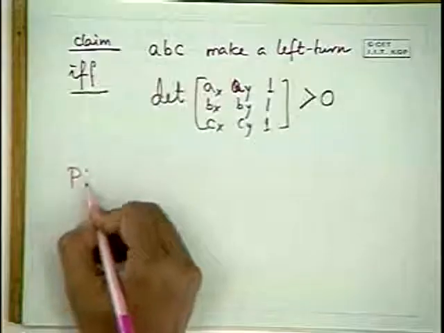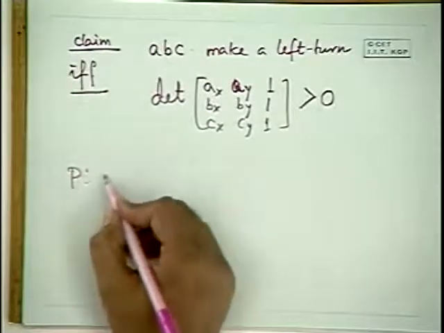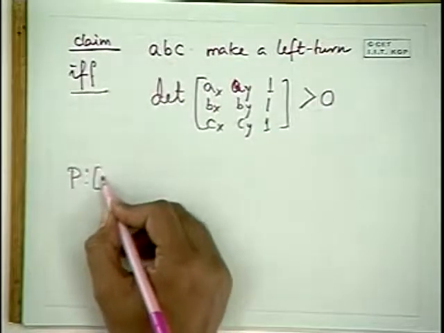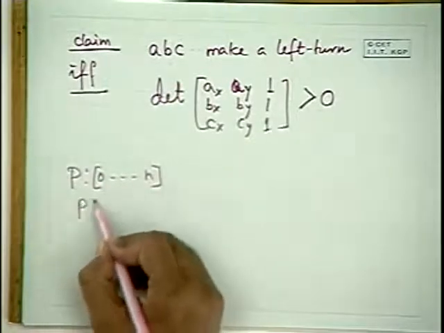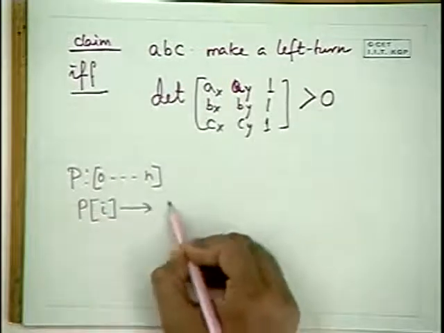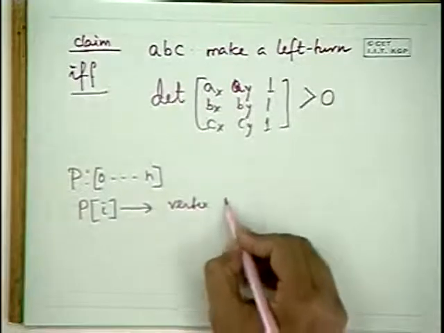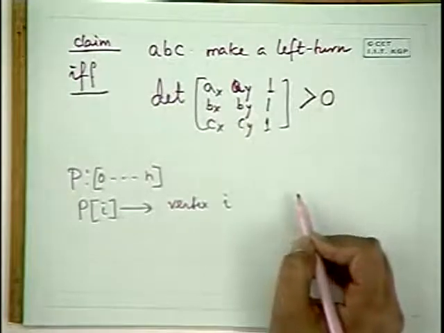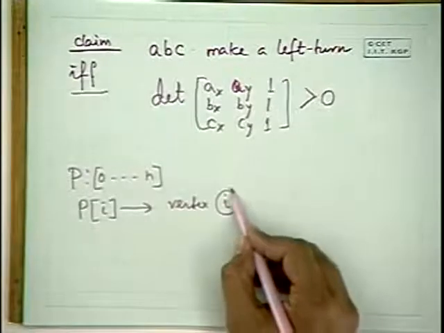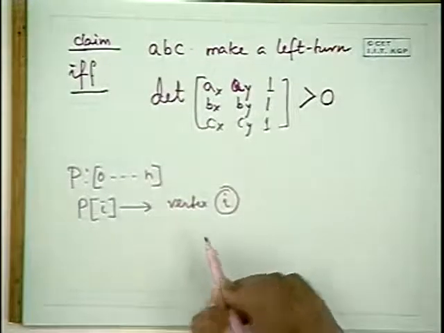So points in a C type language will be a structure basically, and the structure will have 2 fields, x coordinate and y coordinate, and I will have an array, say P. The array P will go from 0 to n, and Pi basically points to the vertex I. So it will be pointing to a structure, and that structure will contain the coordinates of the vertex I, x and y. So that's the data structure I am assuming.